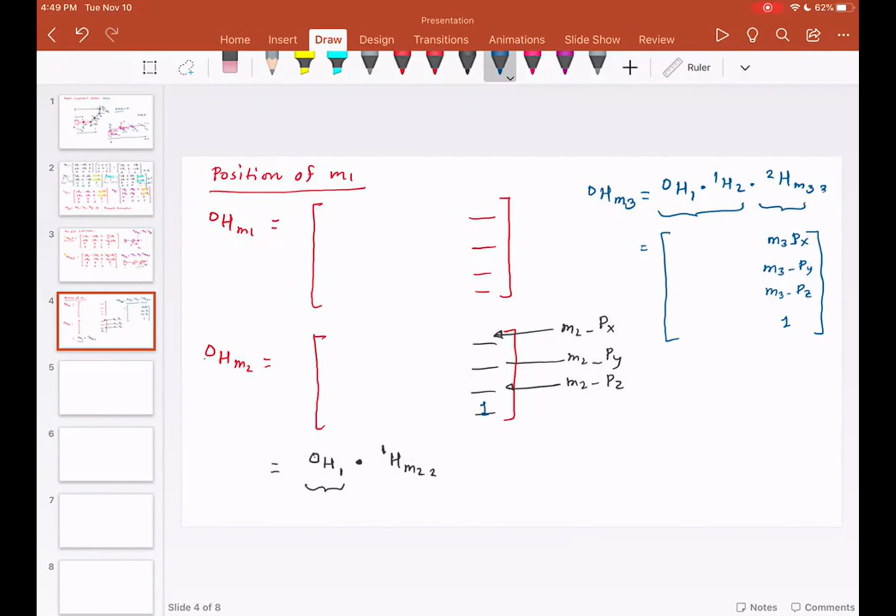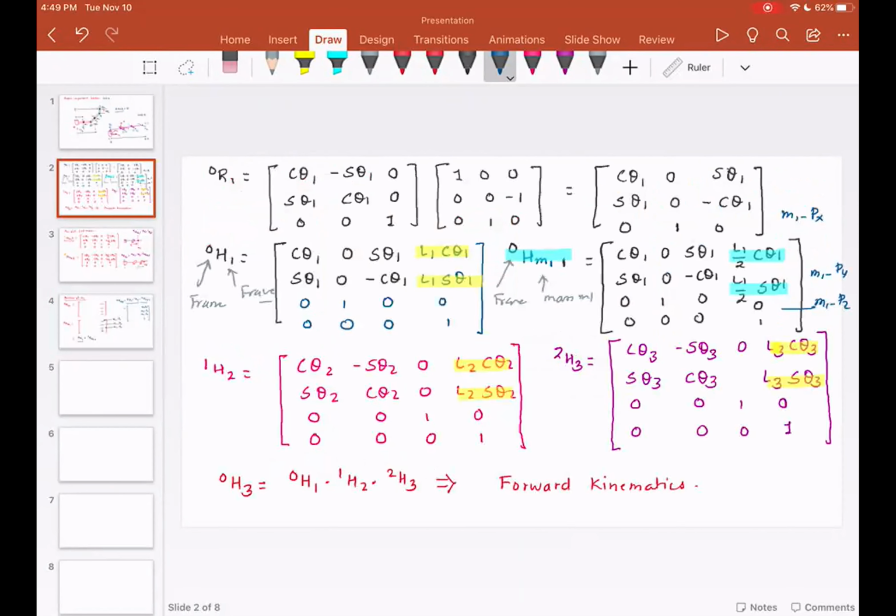Now the next step is, how do we find the Jacobians? Finding the Jacobian is actually very simple using MATLAB, and I will show you. But what I want you to understand is you already have the rotation matrices contained in your homogeneous transformation matrix. This is 0R1.